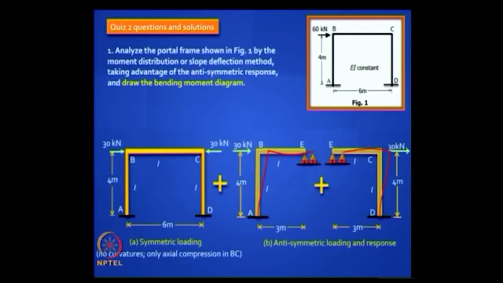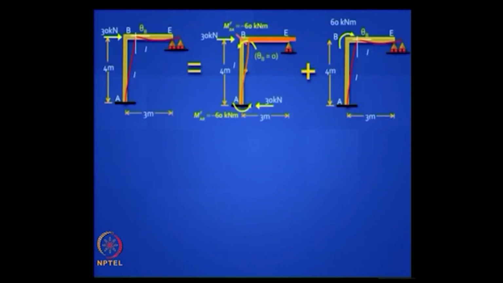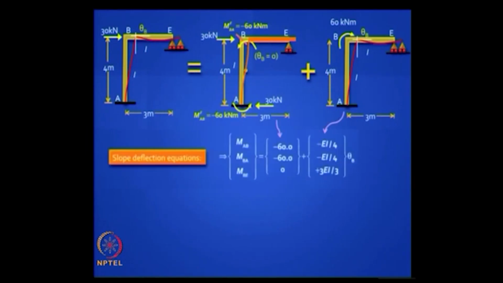You can reduce the problem to superposition of symmetric and anti-symmetric components. You need to analyze only one part of it, because the other part does not give you any curvatures. So that is all you need to analyze, and you have to find fixed end moments correctly and write your slope deflection equations correctly.